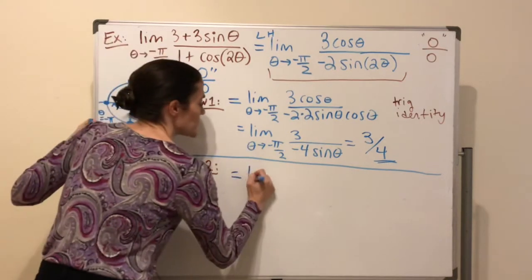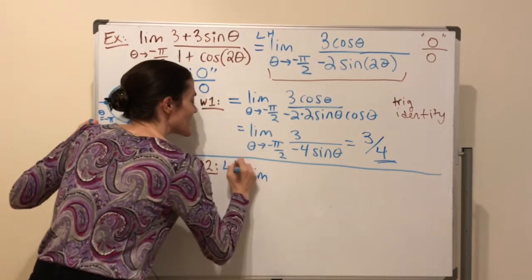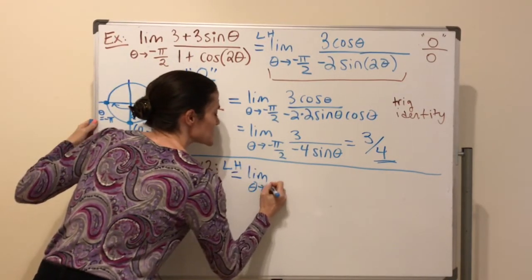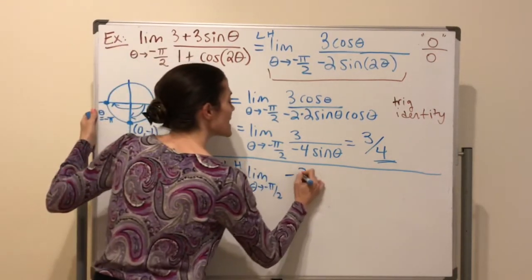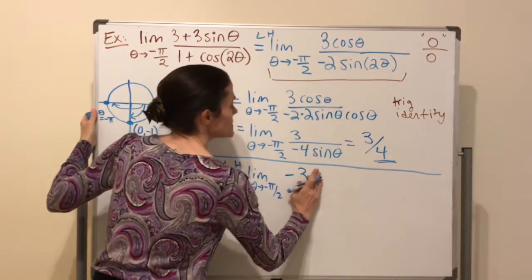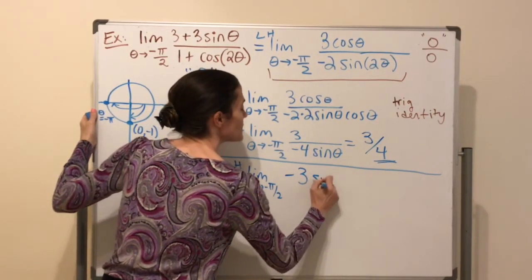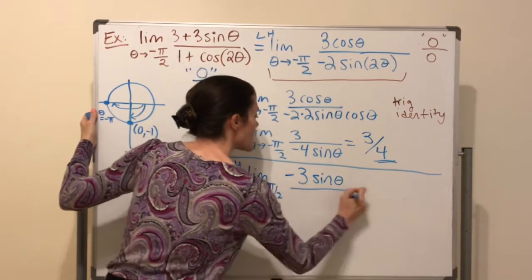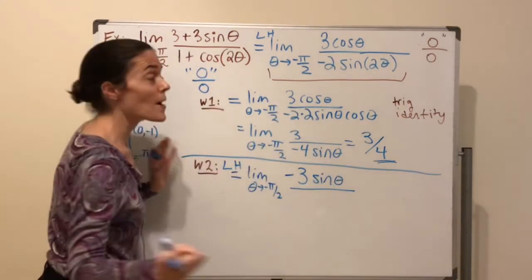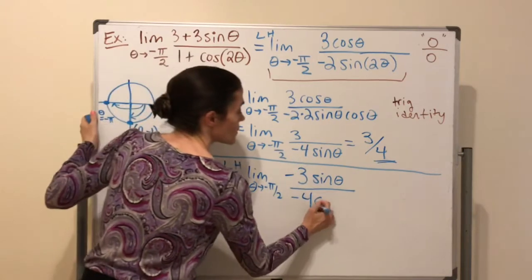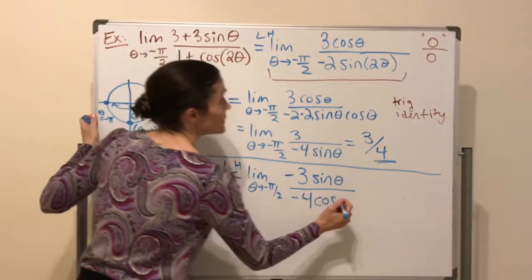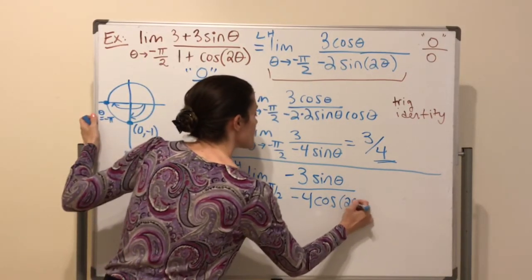Well, this would be a limit, and this is L'Hopital, as theta approaches minus pi over 2. Take the derivative on the top, minus 3 sine of theta, and then take the derivative on the bottom. We get minus 4 cosine of 2 theta.